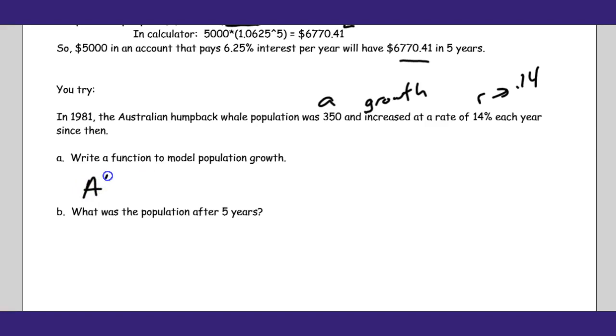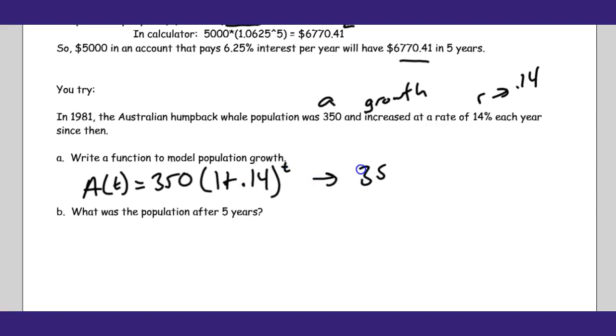So we have A of T equals the initial amount, 350, times, this is a growth, 1 plus 0.14, raised to the T, which we can simplify to 350 times 1.14 to the T. Now it says, what is the population after 5 years?